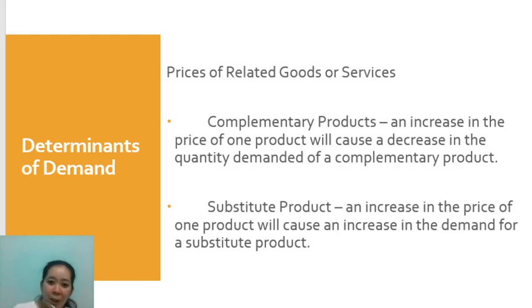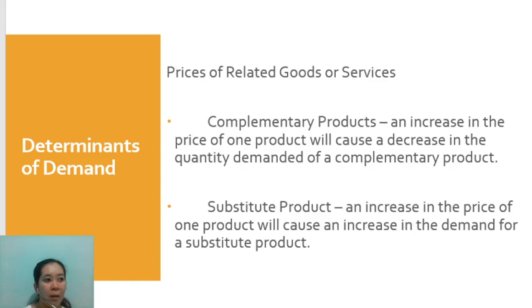So what about substitute products? Substitute products are those products which we can buy as an alternative for the primary product, so we can choose one in exchange for the other. Here, an increase in the price of one product will cause an increase in the demand for a substitute product.